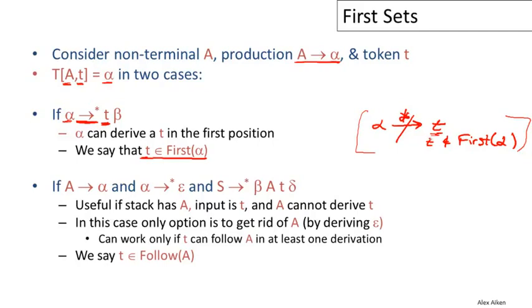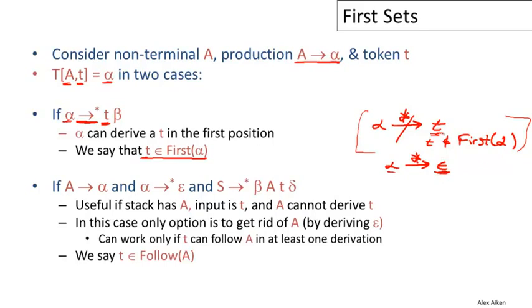We may still be able to parse the string even in that situation, provided that alpha can go to epsilon. If alpha can derive epsilon, if alpha can go away completely and we can basically erase the alpha, then it could be that some other part of the grammar can come in and match the T.